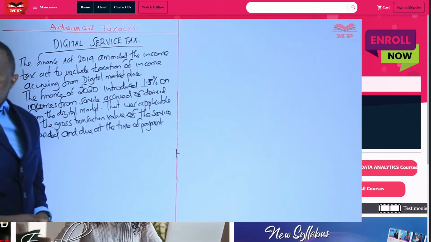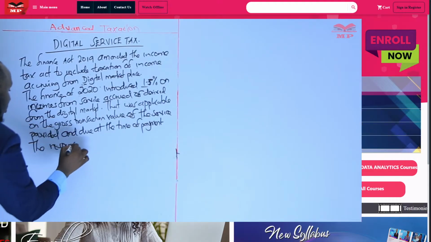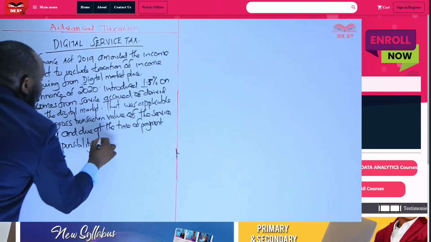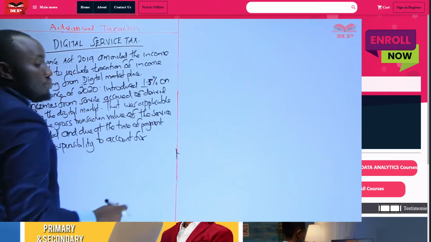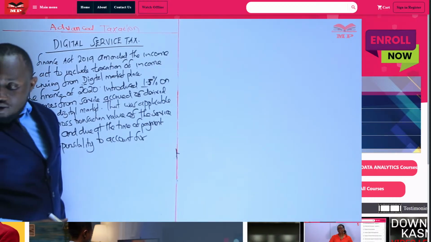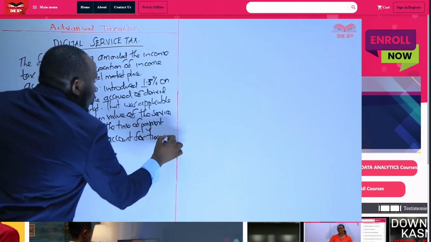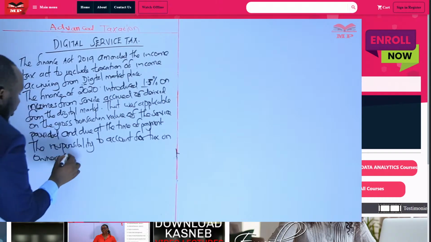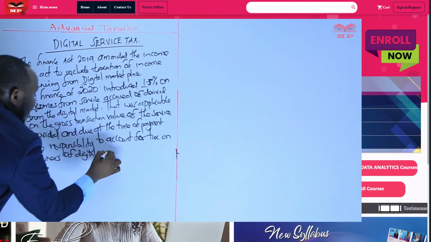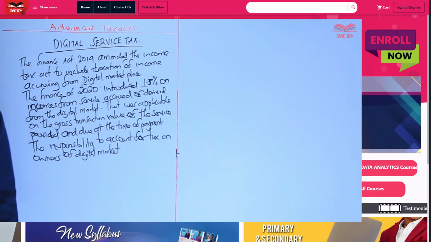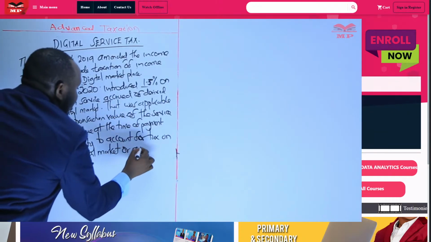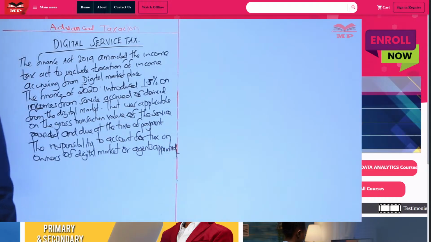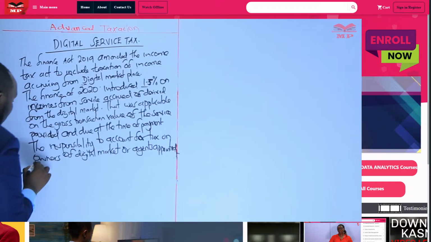The responsibility to account for tax was on the owners of the digital marketplace, or an agent appointed by the commissioner.